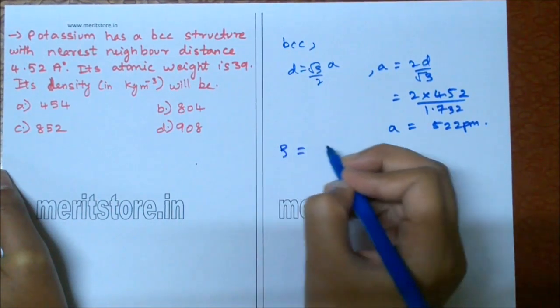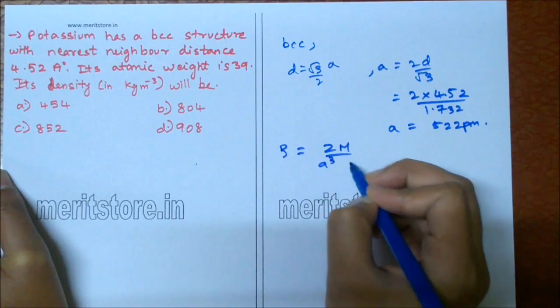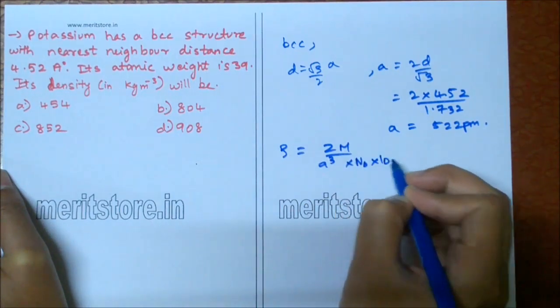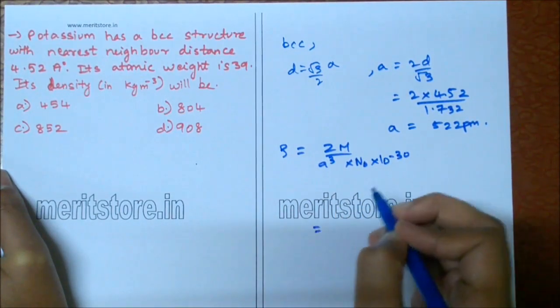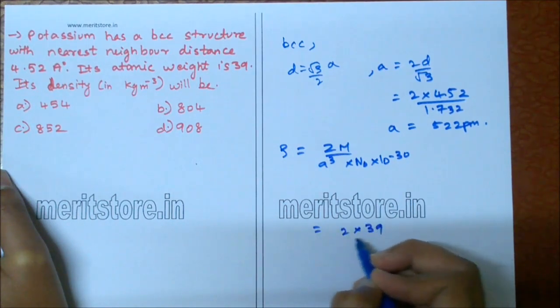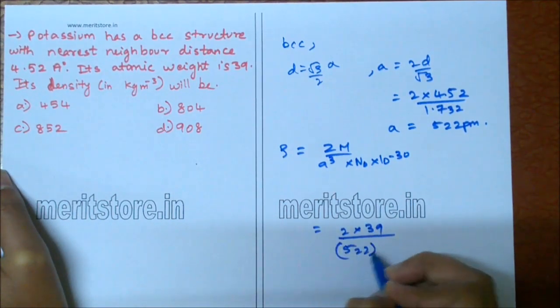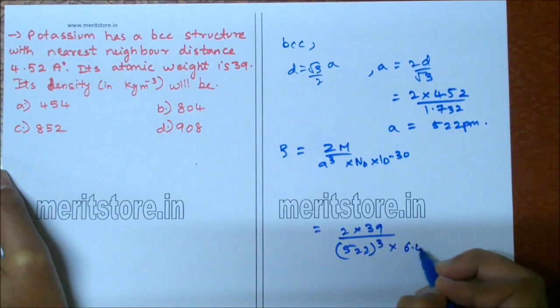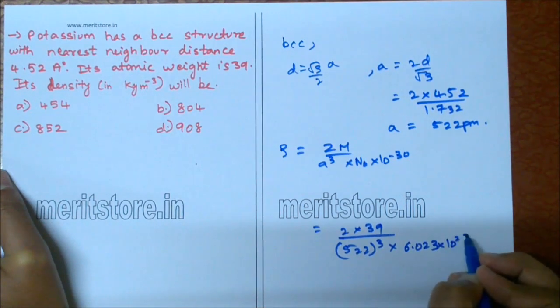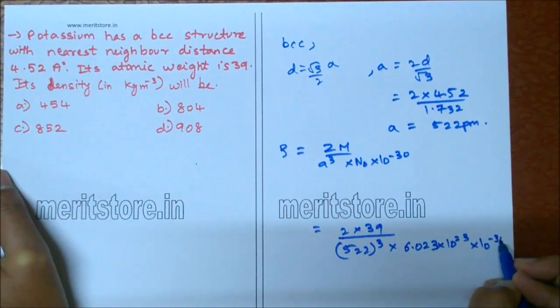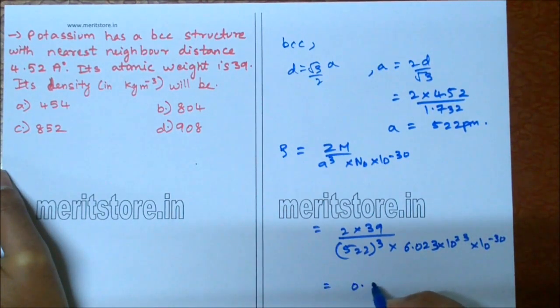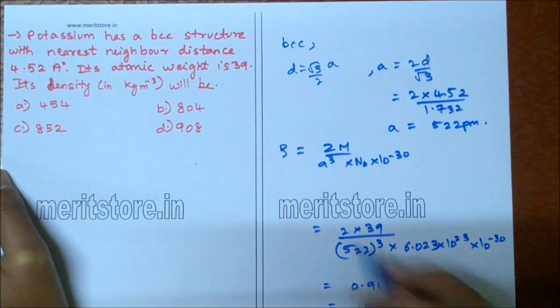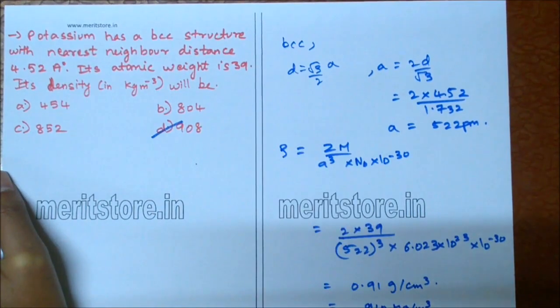So density is equal to Zm upon a cube into Avogadro's number into 10 raised to minus 30. On substituting the values, 2 into 39 upon 522 cube into 6.023 into 10 raised to 23 into 10 raised to minus 30, we get the answer as 0.91 gram per centimeter cube. Converting this into kg per meter cube, we get 910 kg per meter cube. So the closest value is 908, option D.